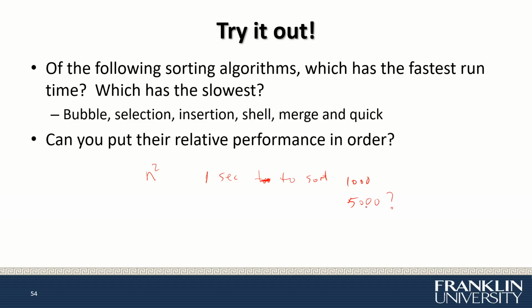I don't mean difference, I mean what is the factor here? This is a factor of 5. So basically you would do 5 squared times, in this case, 1. Your baseline is 1 second. So for 5000, it would take you 25 seconds to complete. And that's why for the quadratic, the n squared will get bigger and bigger very, very quickly once the number gets bigger.